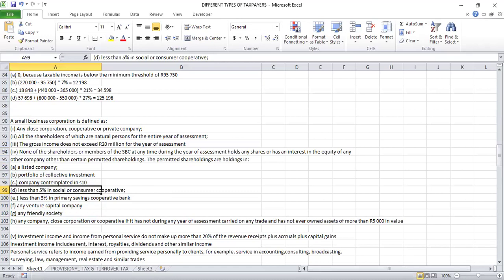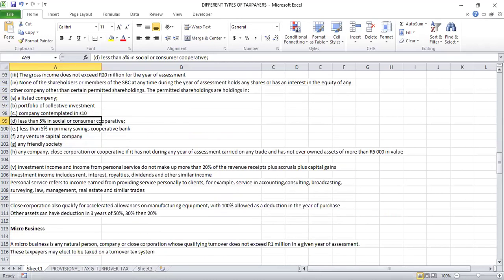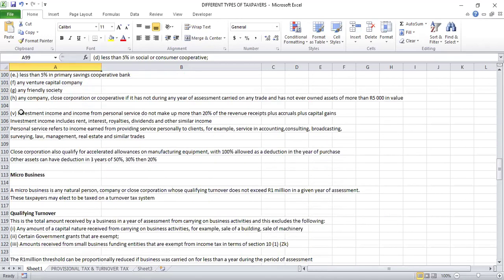Right. Then their investment income and income from personal service should not make more than 20% of the revenue. So if their investment income is more than 20%, they don't qualify to be a small business corporation. And what is investment income? Investment income includes things like rent.